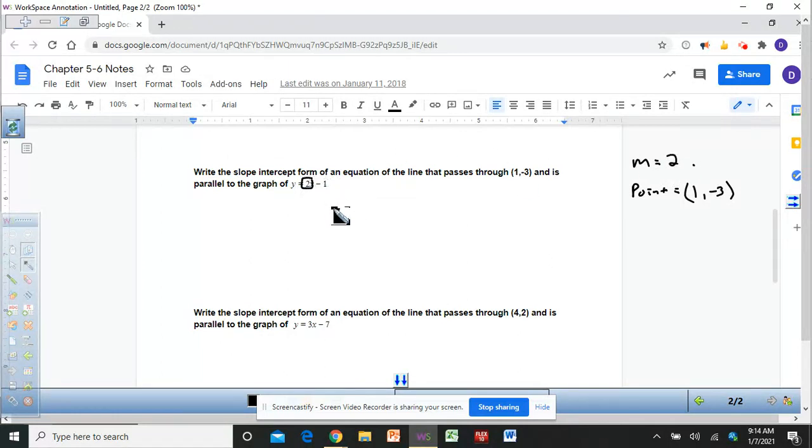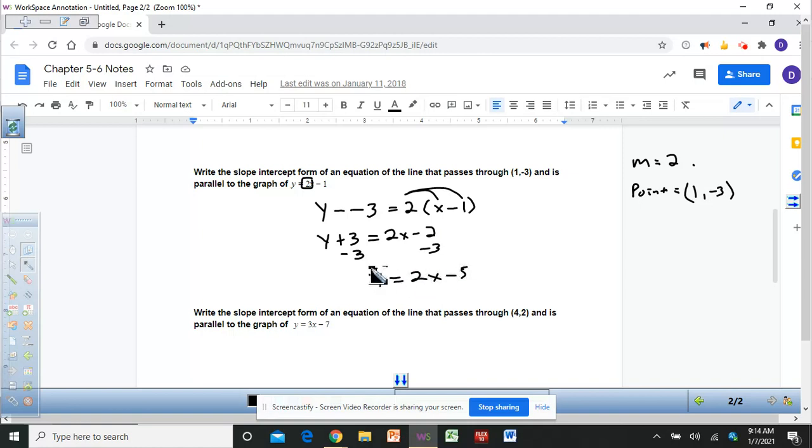So we're going to start plugging stuff in. y minus -3 equals 2 times x minus 1. So we're going to distribute. y plus 3 equals 2x minus 2. Subtract 3 from both sides. y equals 2x minus 5. And there's my answer right there.